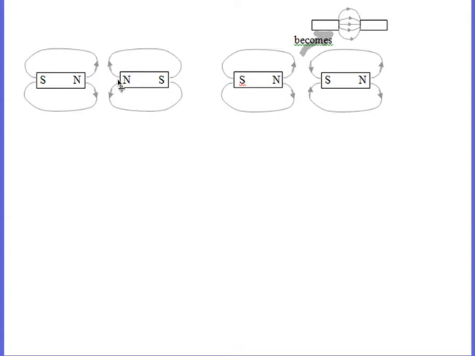You know that a north and a north repel, but what I want to get at is adjacent field lines in the same direction is repulsion. And here, where you would get attraction, note that you have adjacent field lines in opposite directions. Granted, what's going to happen to this is it's going to transition to have the field look like that. But prior to that transition, adjacent field lines in opposite directions, that's going to be an attractive force.